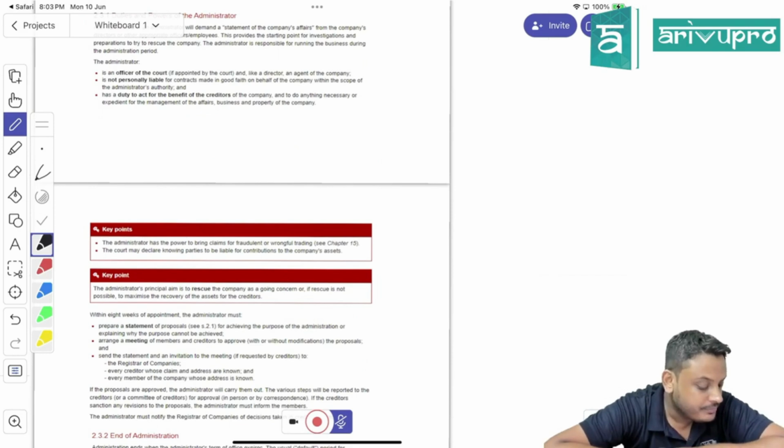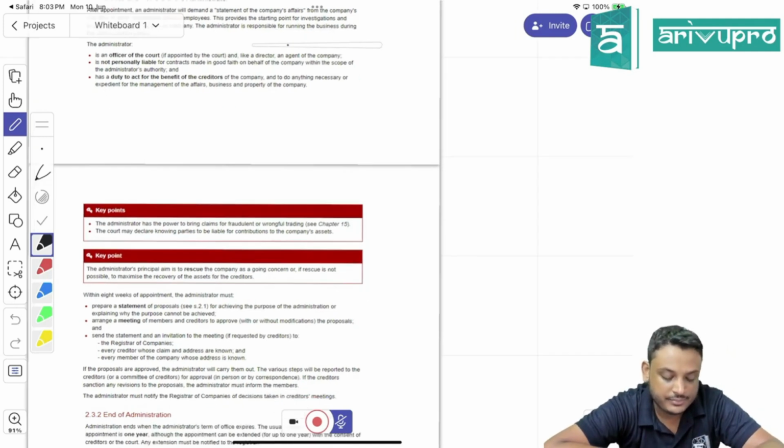Number two, changes in members are not allowed.